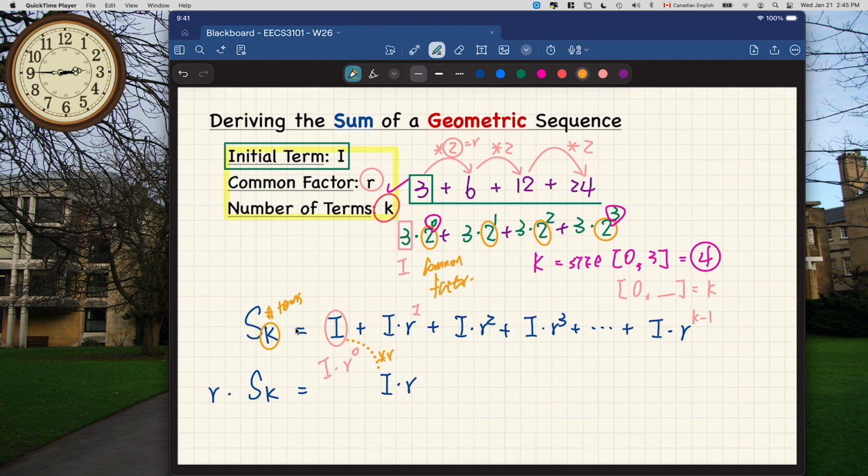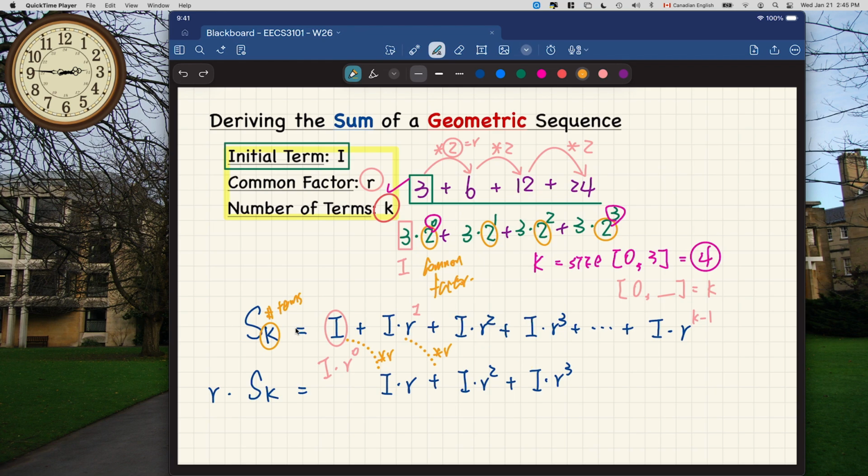And then for the second one, if I multiply by r, I should get I times r squared, right? Etc. You can see the correspondence. I kind of shift everything to the right by one position, right? And then plus I times r to the 3, and you can also see the correspondence right here quite easily, right? Okay.